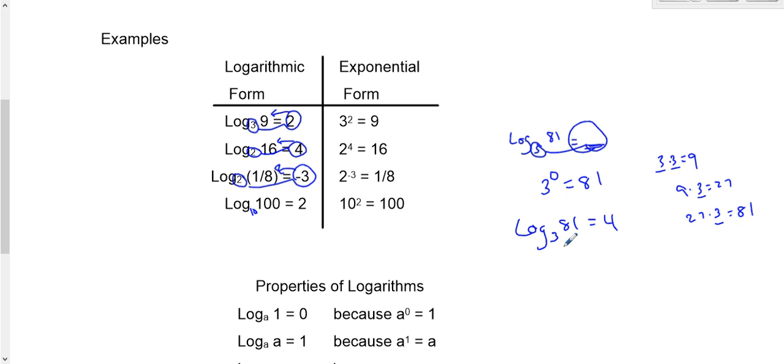When you're doing logarithmic functions, you're really evaluating what is the exponent on my base value to get 81. So it's kind of thinking a little bit backwards in a roundabout way to evaluate a logarithmic function.